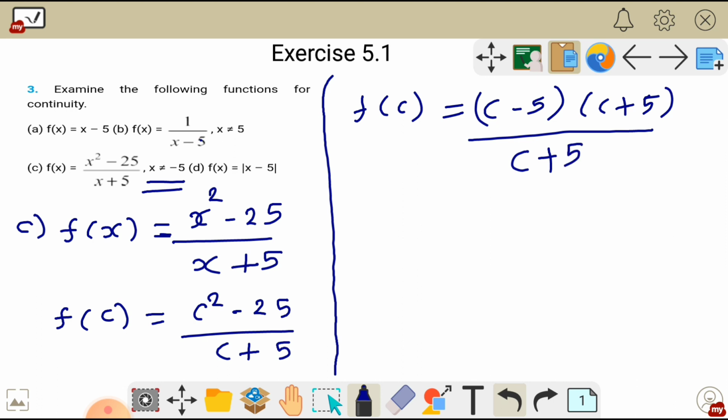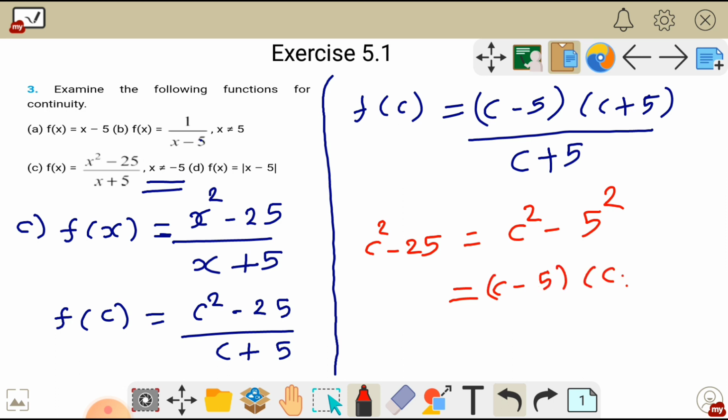It is very simple, let me explain it. C square minus 25 is nothing but C square minus 5 square, right? And from the identity, C square minus 5 square, we can write C minus 5 into C plus 5.